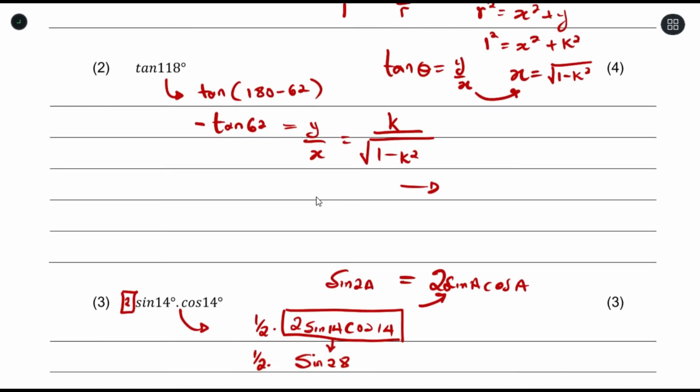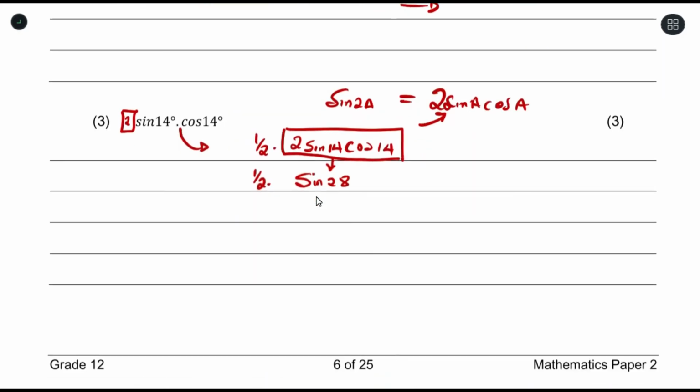Since we need cos 62, sine 28 can be changed into cos 62 due to co-ratios. So this can be written as sine of 90 minus 62, because 90 minus 62 is 28, and sine of 90 minus 62 due to cofunctions is cos 62.